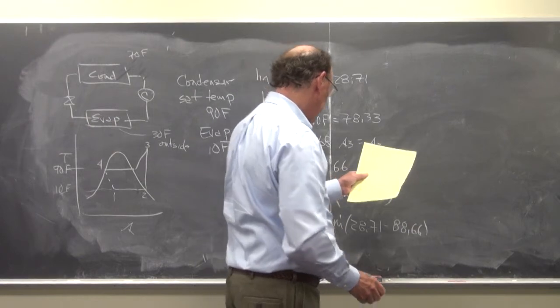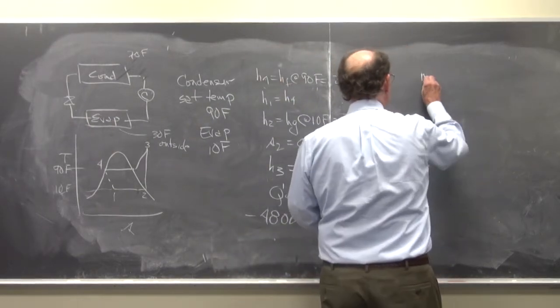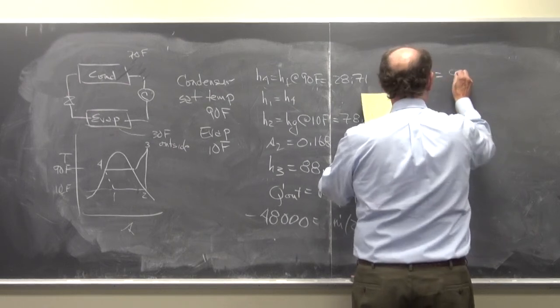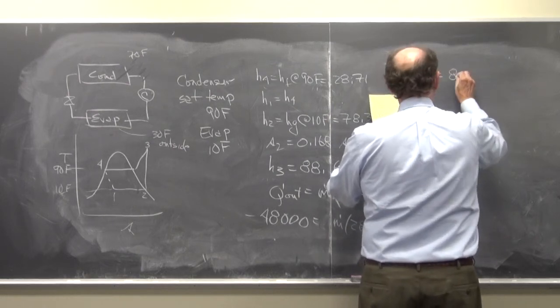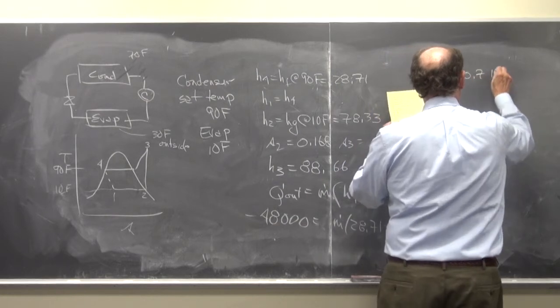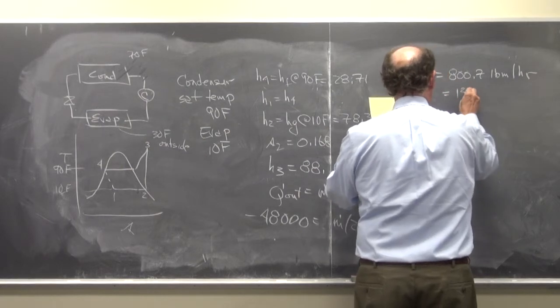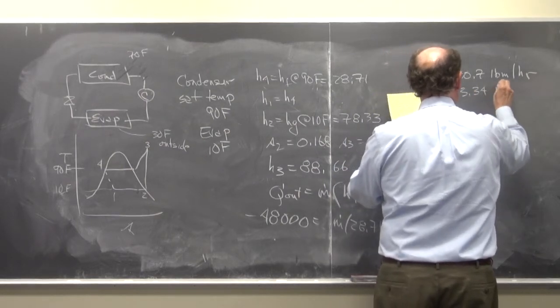And so I have that the mass flow rate is equal to 800.7 pounds mass per hour, which is equal to 13.34 pounds mass per minute.